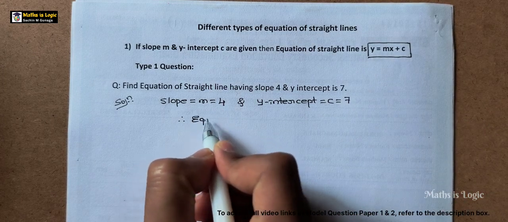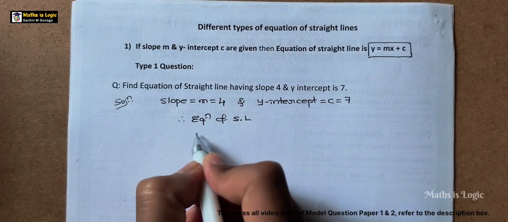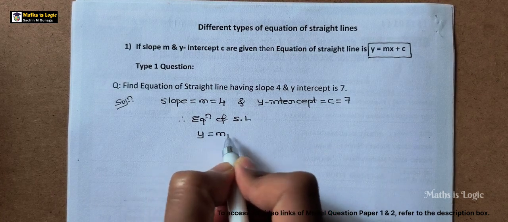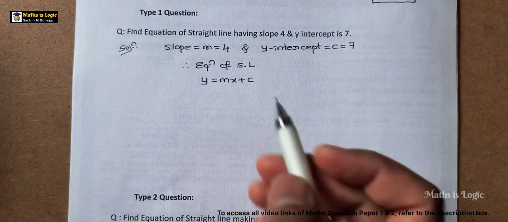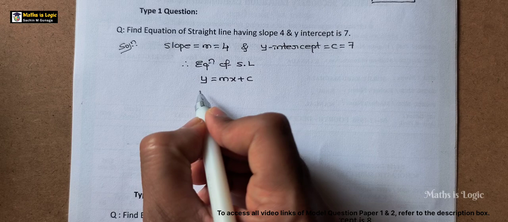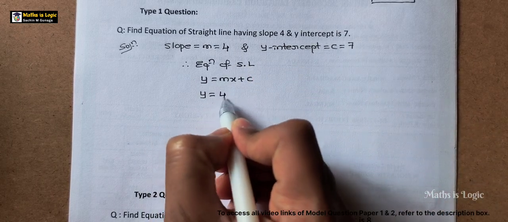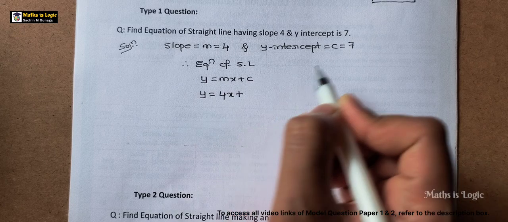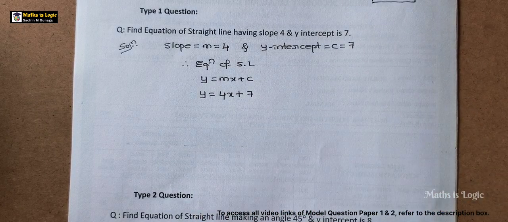Therefore, the equation of straight line is y is equals to mx plus c. Next, substitute the m value as well as the c value. Therefore, y is equals to m is 4x plus c value is 7.